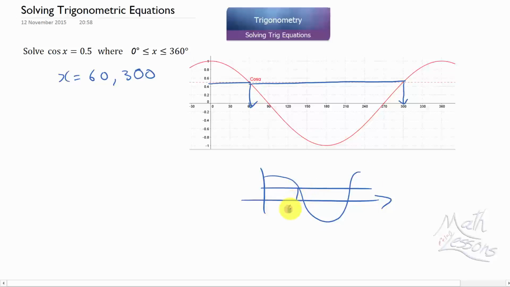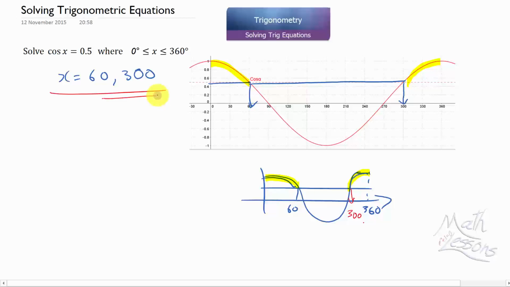You know that that is 60, and therefore you realize that this point is 360, and that these two parts of the curve are symmetrical. So that distance is also 60, hence you can realize that this value down here will give you 300, and that's how you get your other answer.